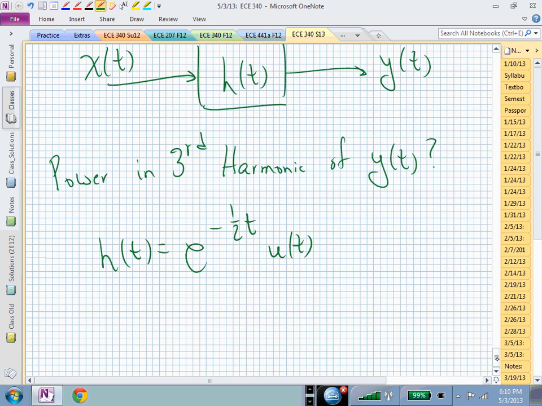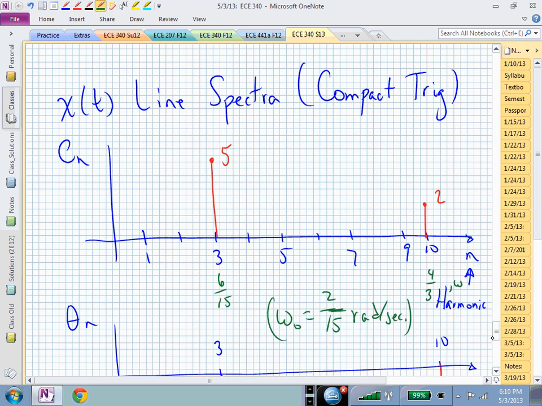You could find the power of the third harmonic in x of t. What's that? It's the amplitude squared divided by 2. So we have 25/2, or 12.5 watts.